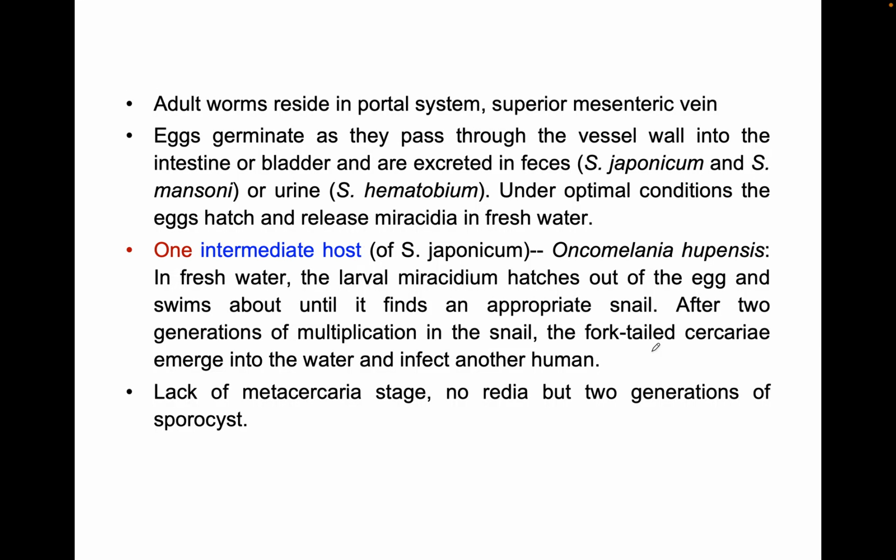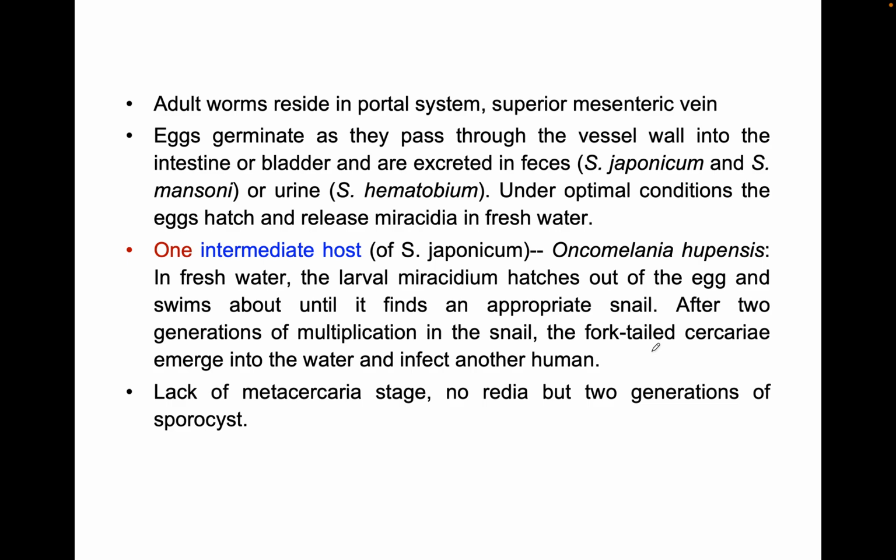The adult worms reside in the portal system, the superior mesenteric vein, and the eggs germinate as they pass through the vessel wall into the intestine or bladder, and are excreted in feces or in the urine. Under optimal conditions, the eggs hatch and release miracidium in fresh water.